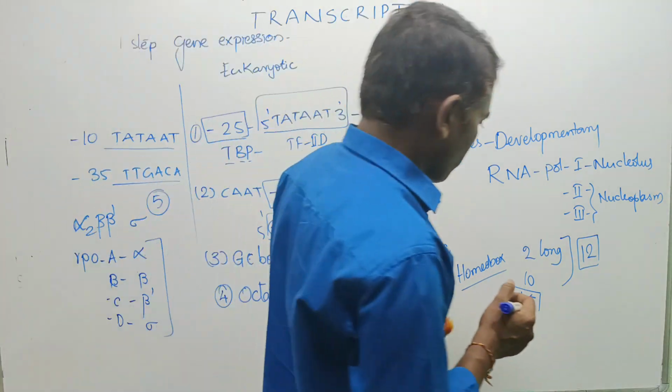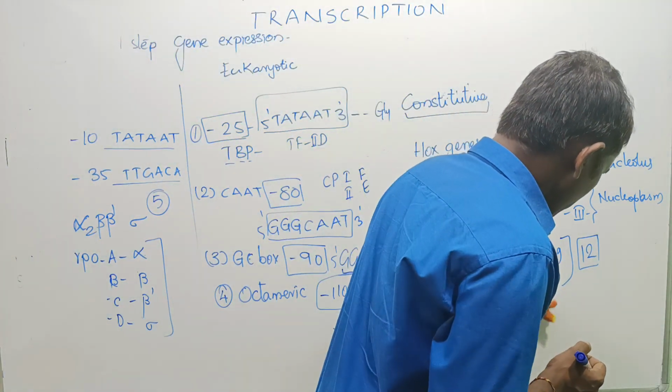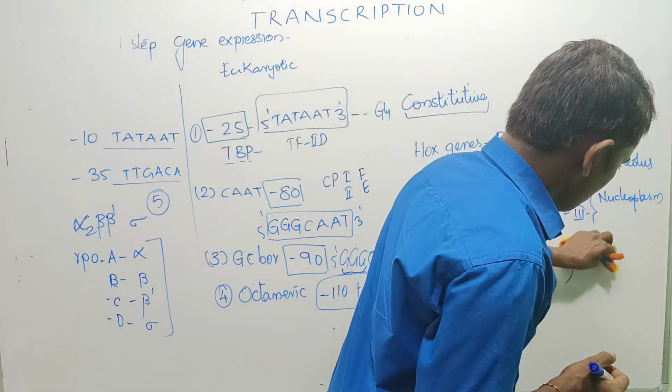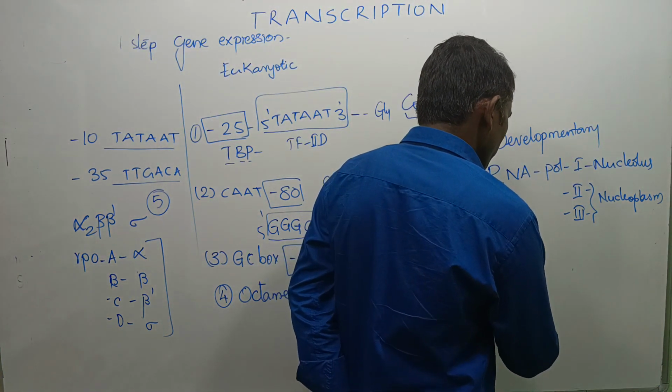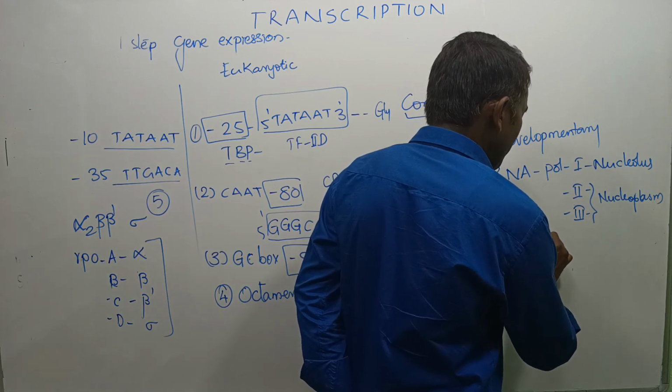The important information pertaining to eukaryotic RNA polymerase is that it is sensitive to alpha amanitin.